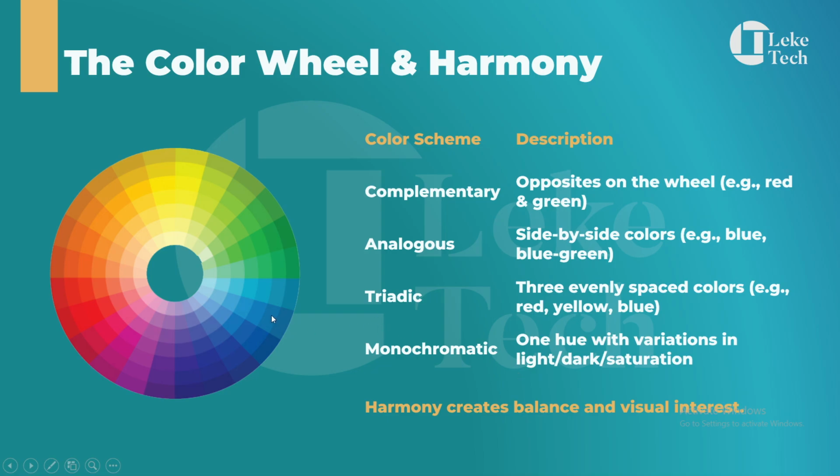So you take one color and use different shades of the same color. This is a monochromatic color scheme. So harmony creates balance and visual interest. That's the use of harmony. So you have to understand these color schemes when you're choosing colors, to know how to match them together.